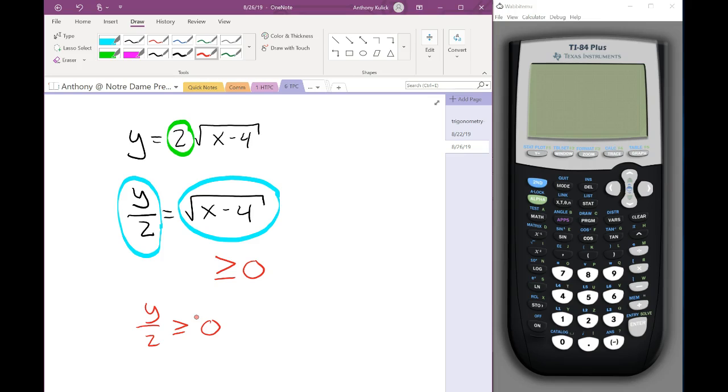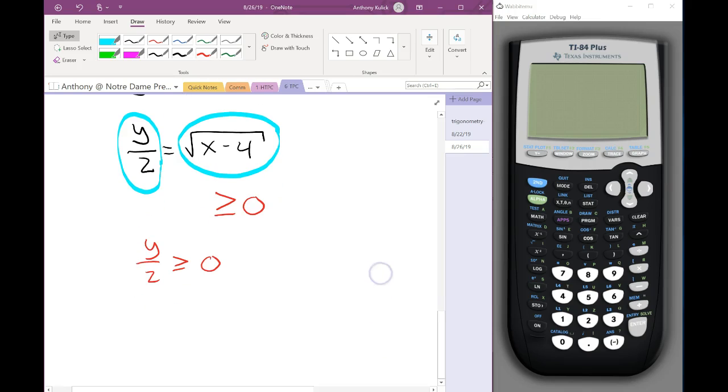Everybody okay with that idea? And if I multiplied both sides by 2, I would just have that y has to be greater than or equal to 0, which is exactly the range that we had determined by looking at the graph.